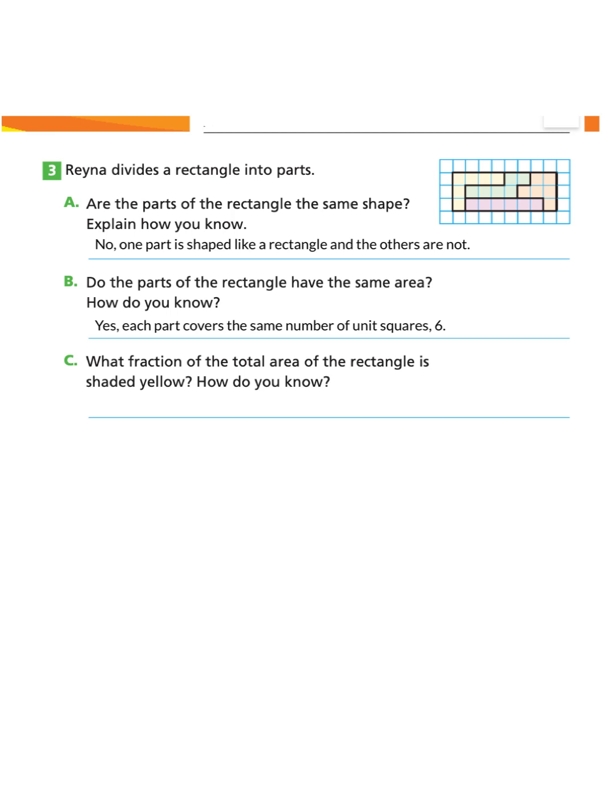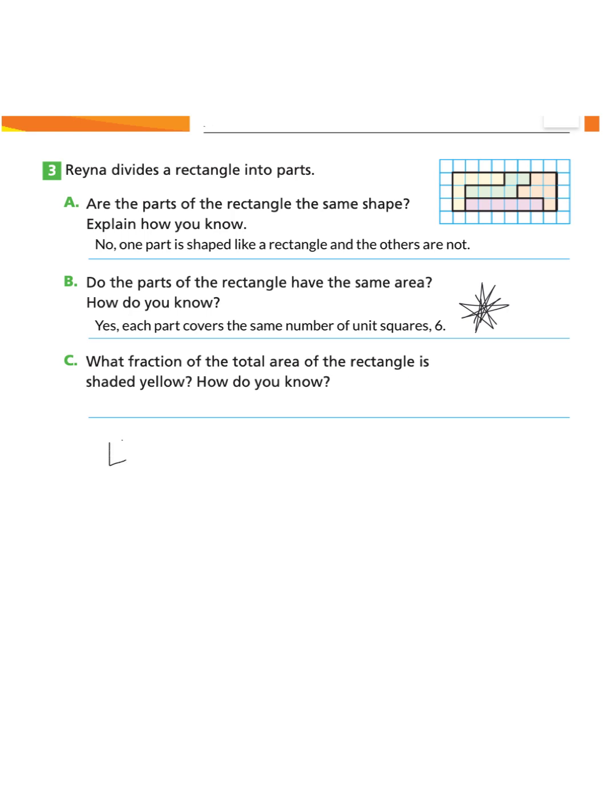Let's take a look at part C. What fraction of the total area of the rectangle is shaded yellow? And how do you know? Well, we know that there are 4 shapes, and each of those shapes has the same area of 6 square units. So they're all the same area, but they're different colors.